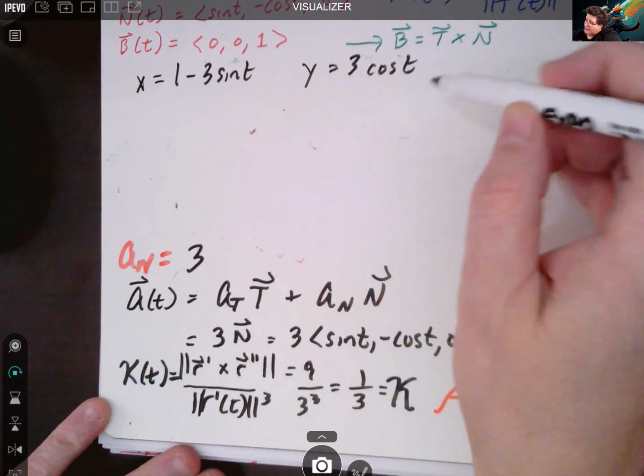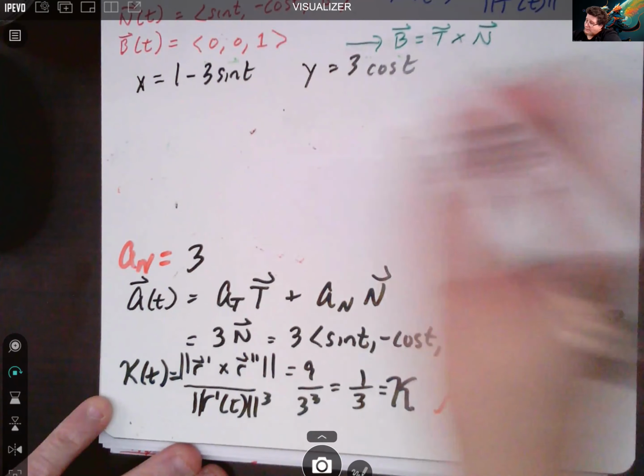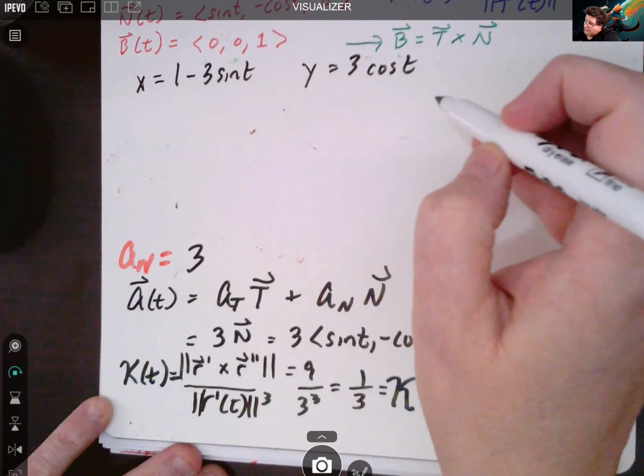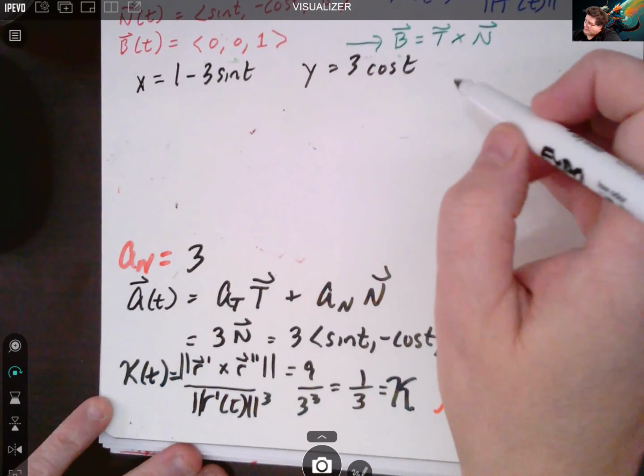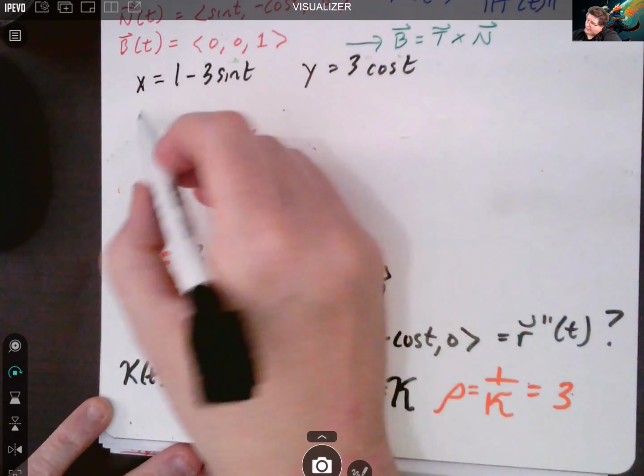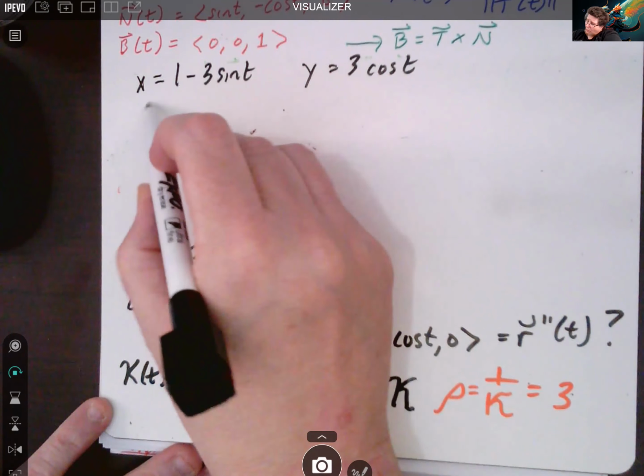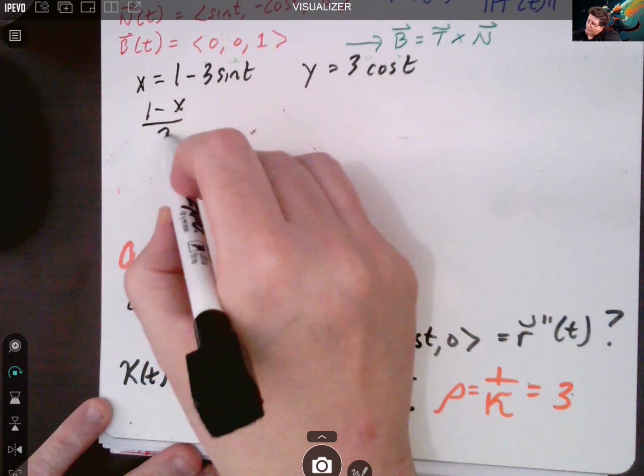But if we did x squared and y squared, what do we get? Let's see, I could say x minus 1 over 3 is sine t.